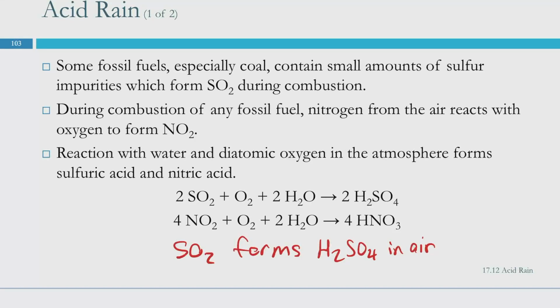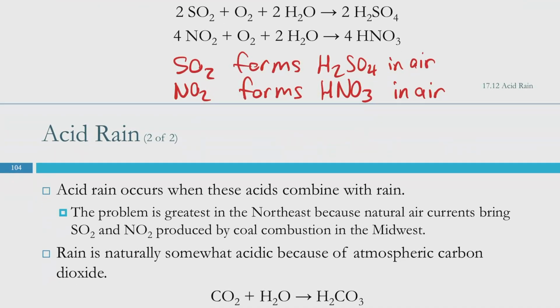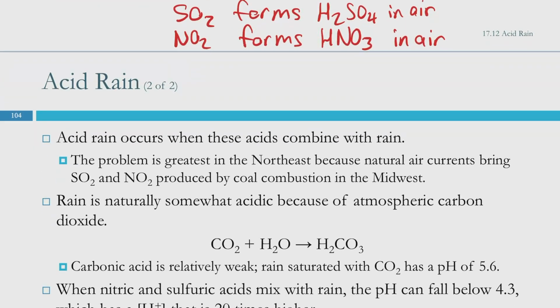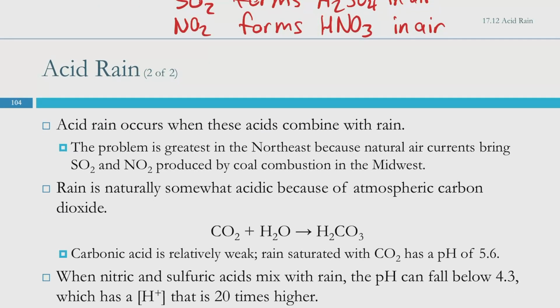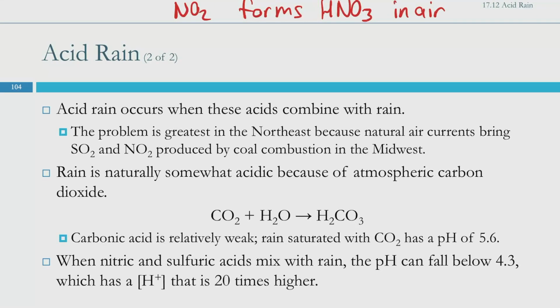So SO2 forms sulfuric acid, NO2 forms nitric acid in the air. So probably right now even, there's some of that stuff floating around thousands, hundreds of feet above us. And those acids can combine with rain, especially if the concentration of those gases is high enough. Some of that will get caught up in the rain.